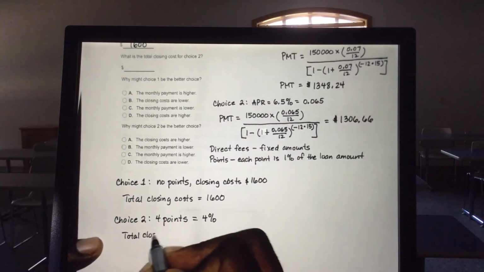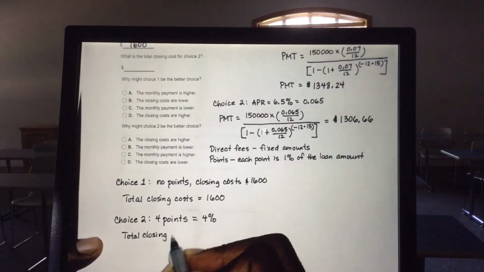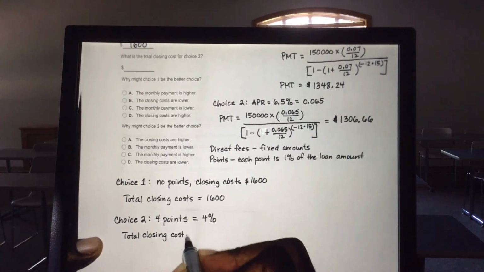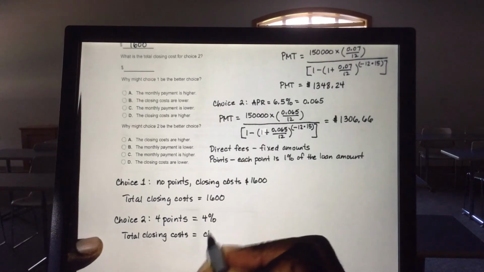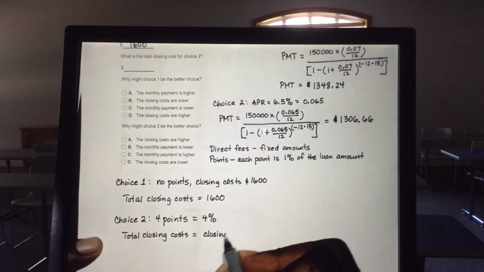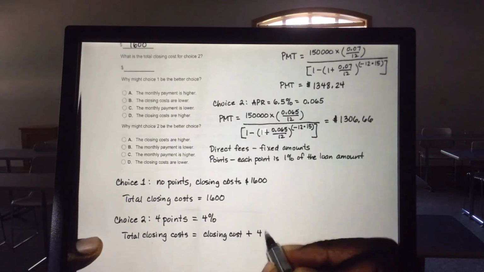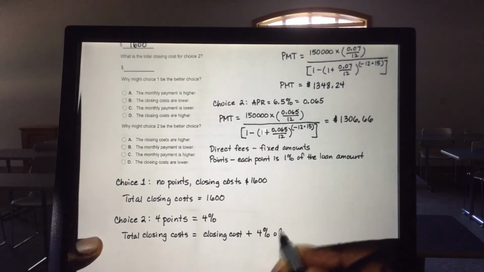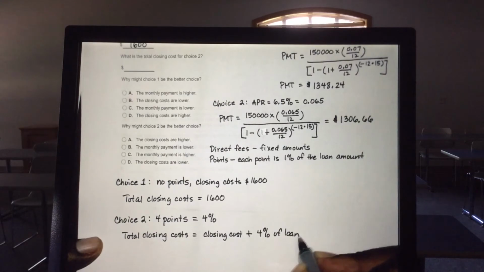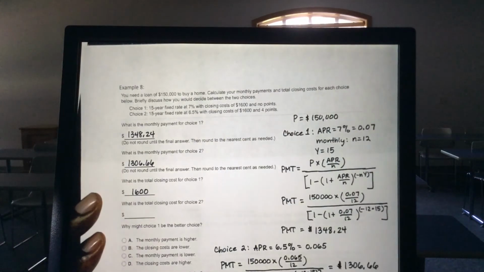So your total closing cost is whatever the closing cost that they have given to you, plus, in this case, 4% of the loan. Now, you were given $1,600 for its closing cost.